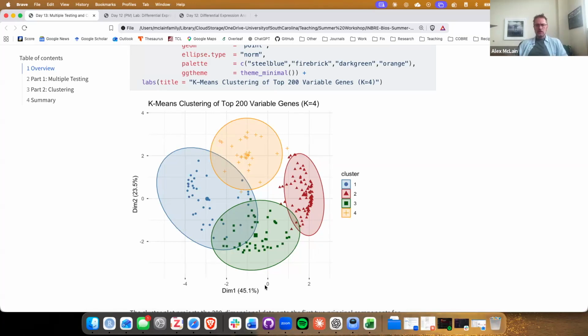It certainly has a high score on PC1, positive, and PC2 scores relatively close to 0. Not a lot of overlap. Clusters 1 and 3, much more overlap there. Clusters 1 and 4, good amount of overlap. Clusters 2 and 4, and 3 and 4, and clusters 1 and 2, they seem to have good separation between one another.